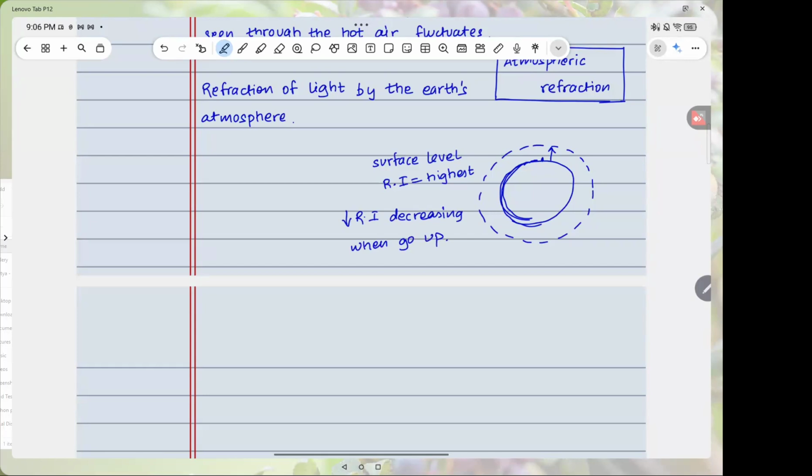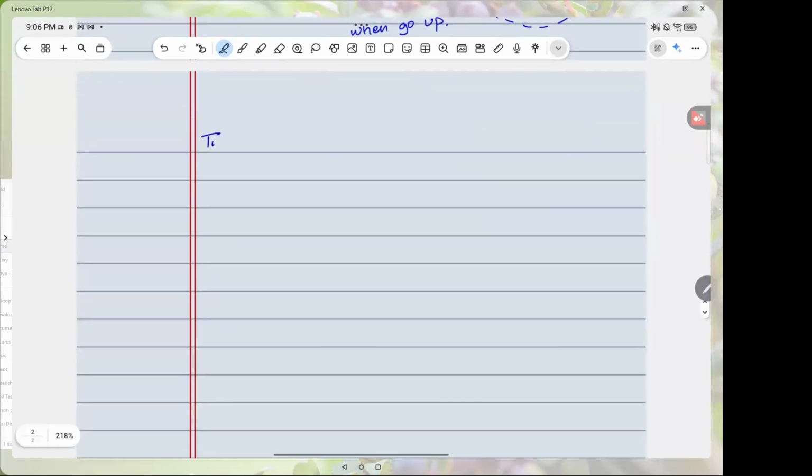Okay. So the twinkling of stars is because of this phenomenon. Why do stars twinkle? It is because of atmospheric refraction of starlight.